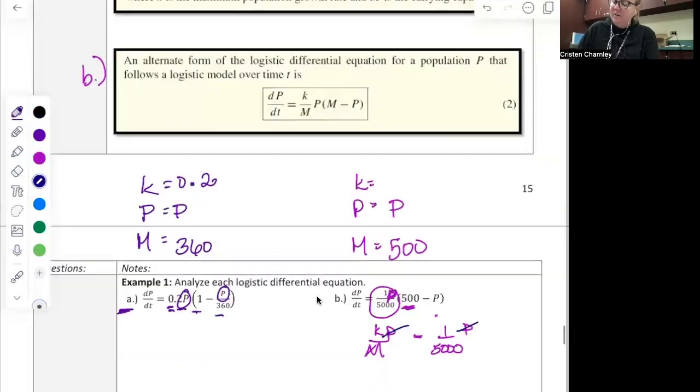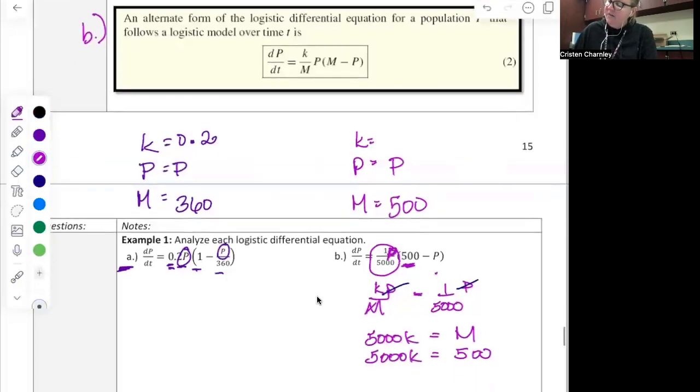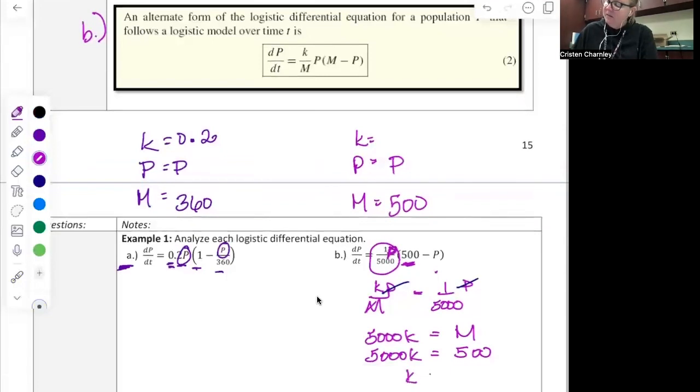I can do a little bit of multiplying here and say that 5,000 k is equal to my M, but I know that M is 500, right? So 5,000 k equals 500. Divide both sides by 5,000. And I have 5 over 50 becomes 1 over 10. So in this case, k is 1/10.